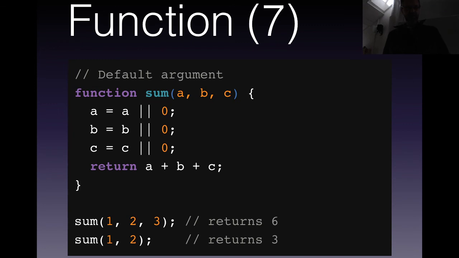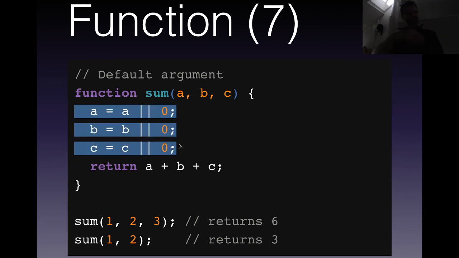Let's see one more. This is a way to work with default arguments. It's not actually a default argument, because it looks the same as the last function. It had 3 arguments in. It is just how I treat these arguments when I set up my function.